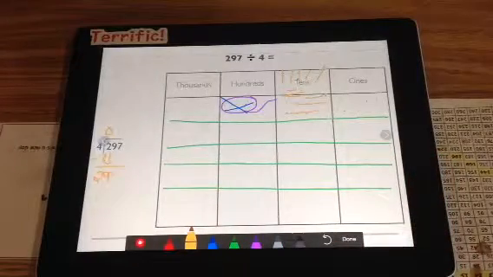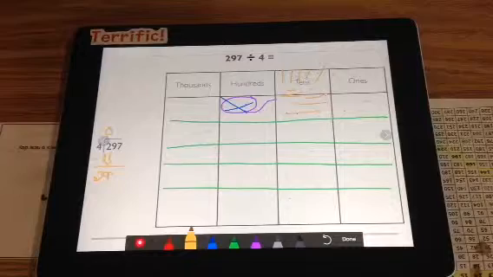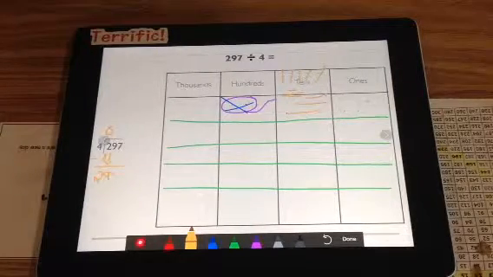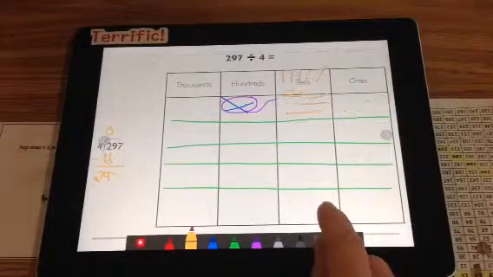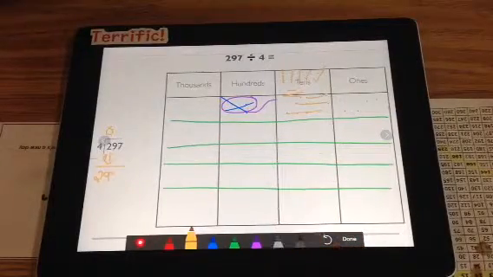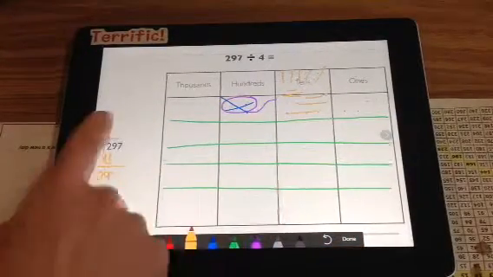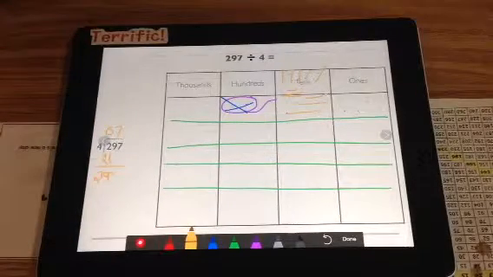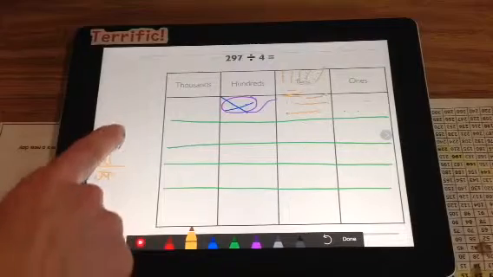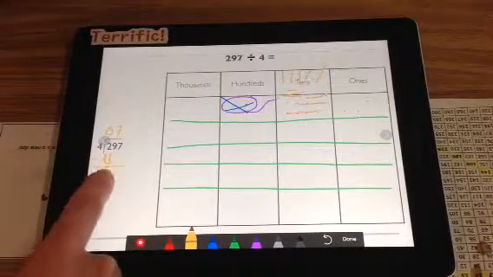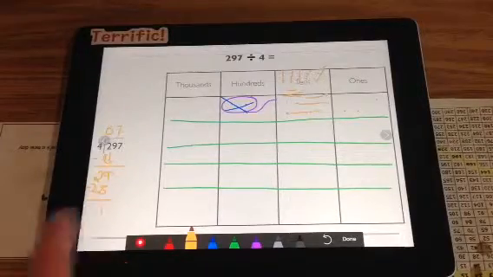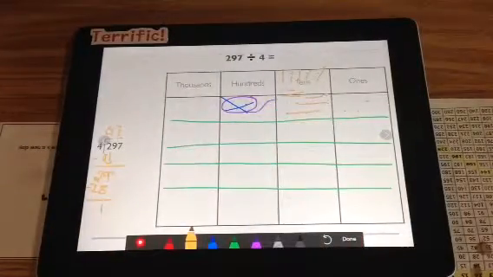It appears as though I was able to pass out all but 1, and I should have 7 in each one. Let's see if I do. 1, 2, 3, 4, 5, 6, 7. So that means I was able to put 7 tens in each group. 7 times 4 is 28. If I subtract those two, I have 1 ten remaining, which is correct.